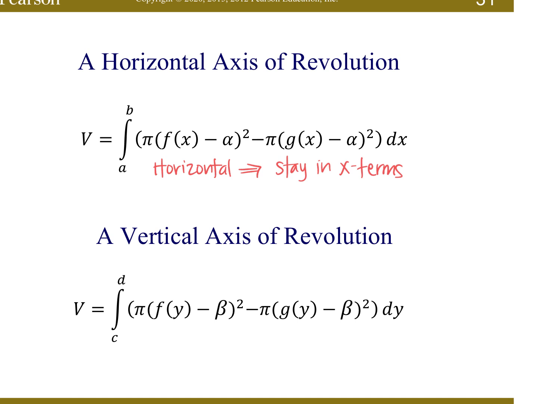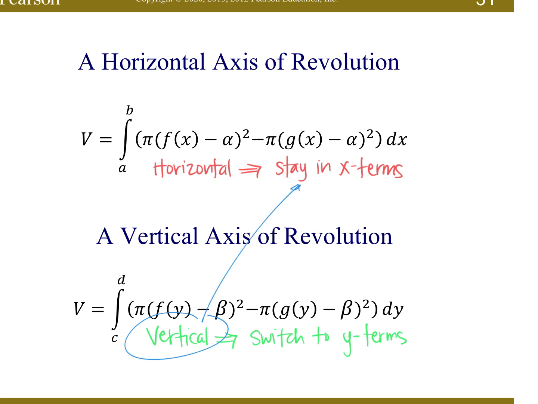Whereas vertical would imply that we switch to Y terms. And the new one I'm going to show you today is that we can have a vertical axis of rotation, but we can stay in X terms. So that is the advantage of doing a shell method.